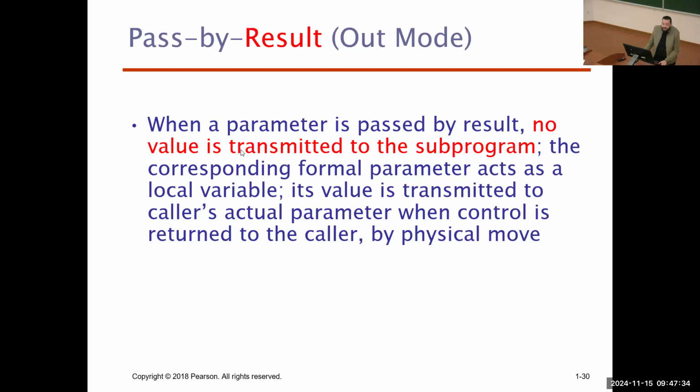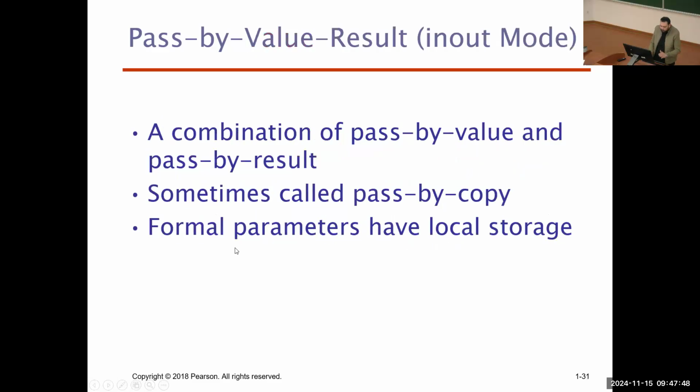In pass by result, no value is transmitted to the subprogram. The corresponding formal parameter acts as a local variable. Its value is transmitted to the caller's actual parameter when control is returned to the caller, by physical move. Now, pass by value result is the mix of both. We're copying it, and also we're returning the result.